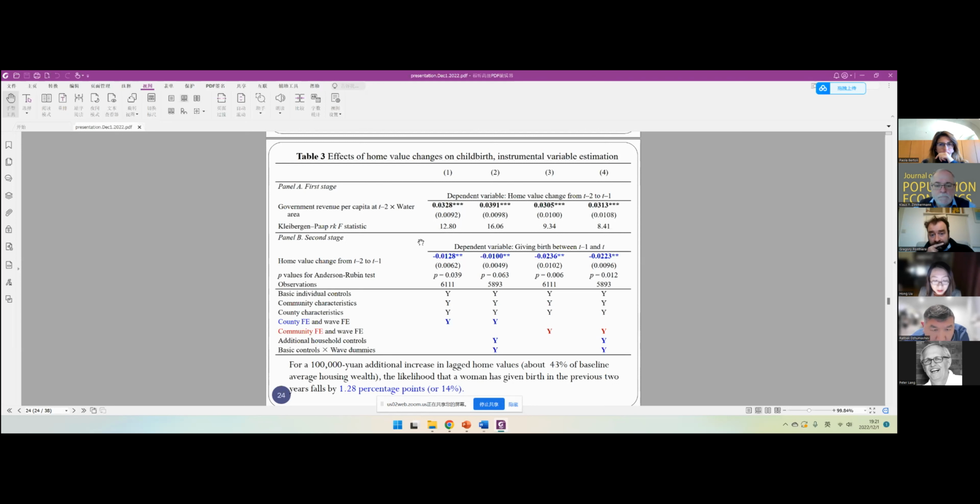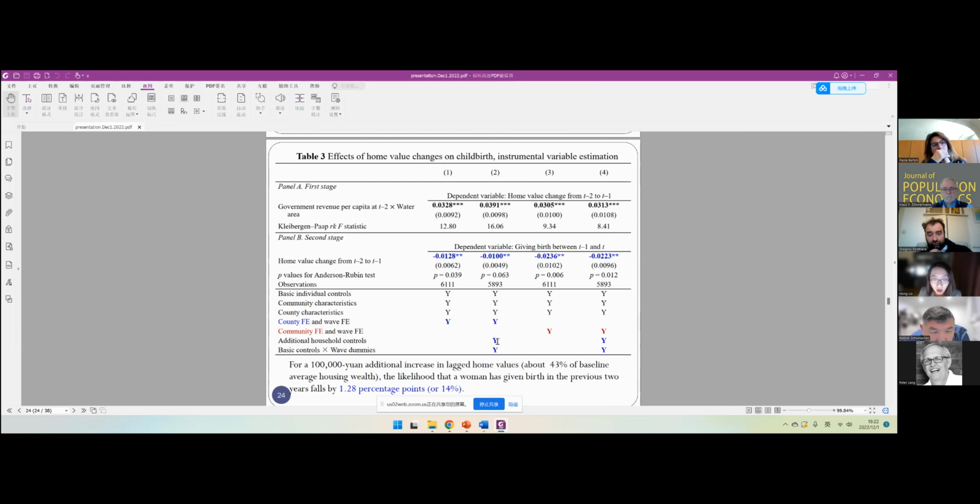The IV estimate in the second stage shows that for a 100,000 yuan additional increase in lagged home value, that is about 43% of baseline average housing wealth, the likelihood that a woman has given birth in the previous 2 years falls by 1.28 percentage points. That is 18% relative to the average fertility rate.